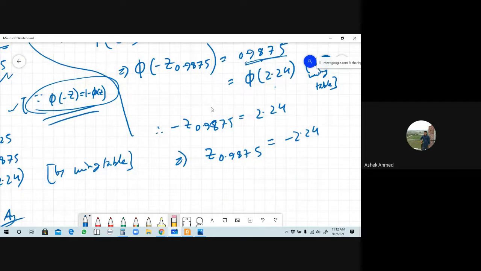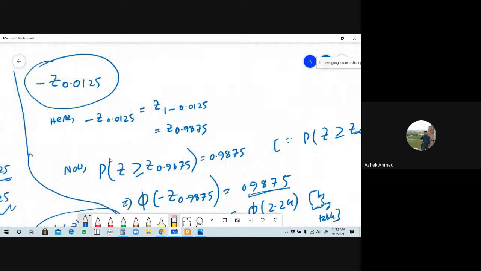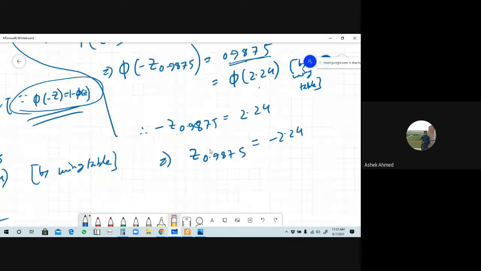Hello, our inner question was minus z suffix 0.0125, that was z suffix 0.987. So now what can we say? Therefore, the value of minus z suffix 0.0125 equals z suffix 0.9875, which we found in the line above.